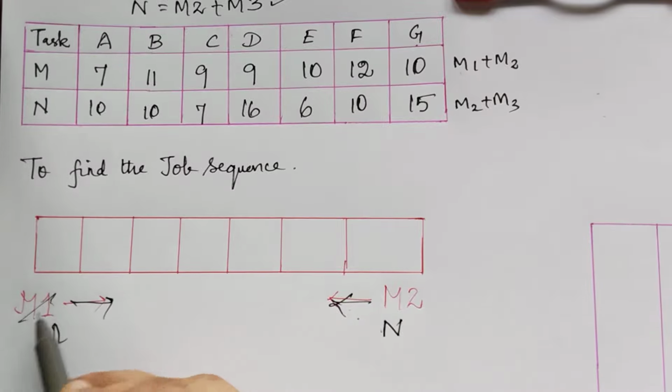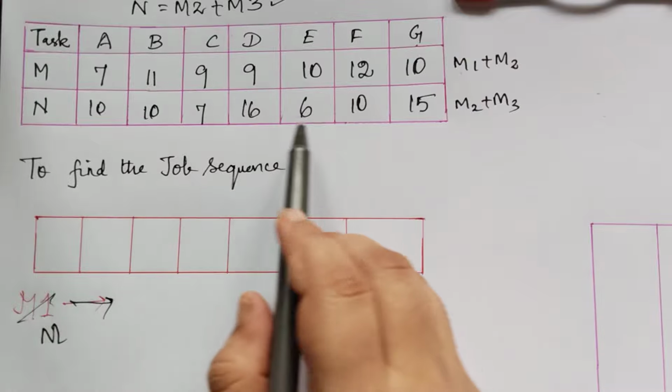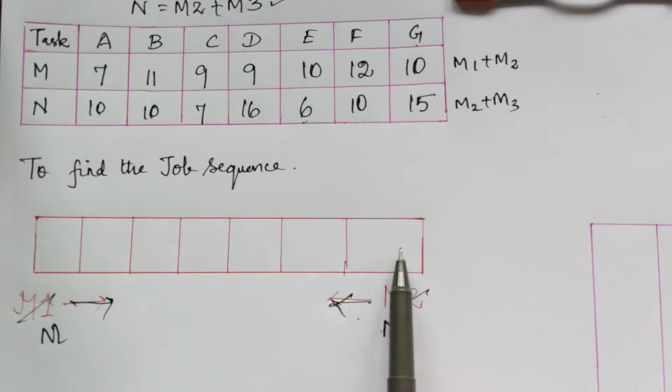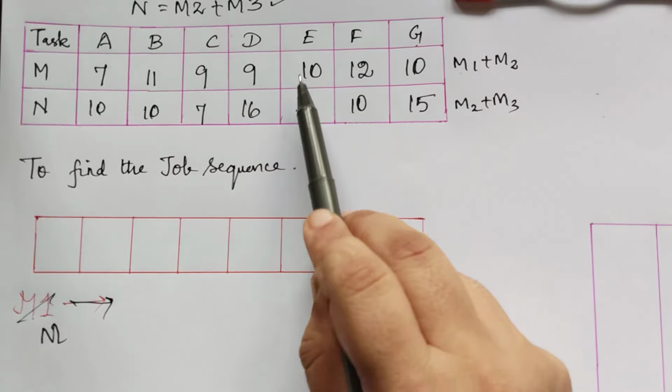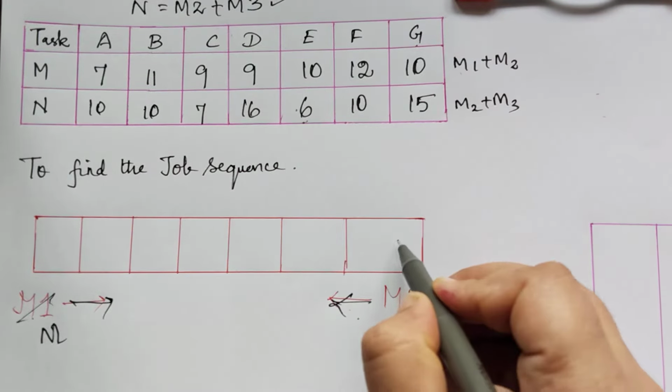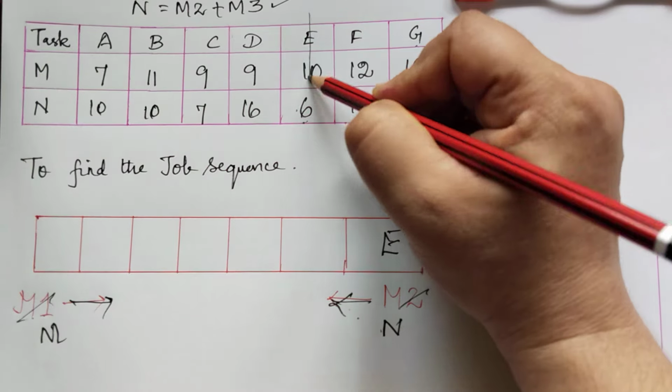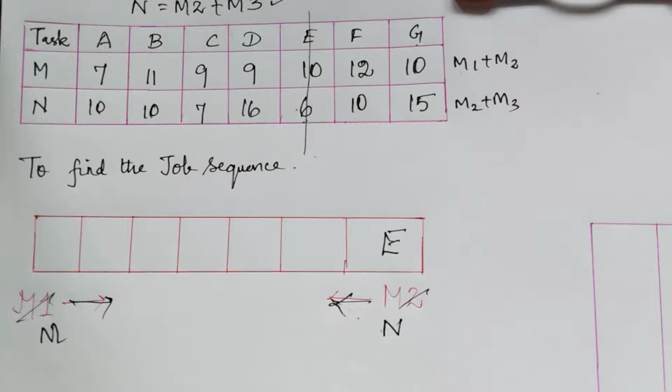So if you see, what is this least value? It is 6. It is under machine N, so it has to be written here. And what is the corresponding job? It is E. So E we have to write here. And after writing that, let's give it a strike, since we have completed it.